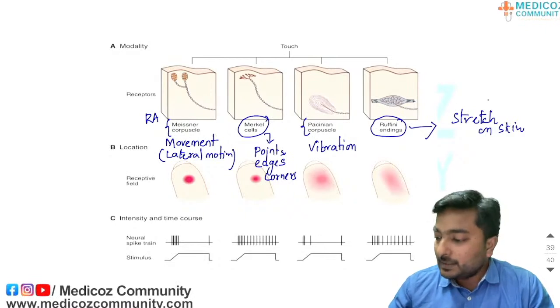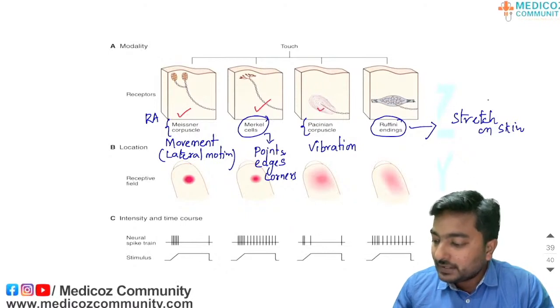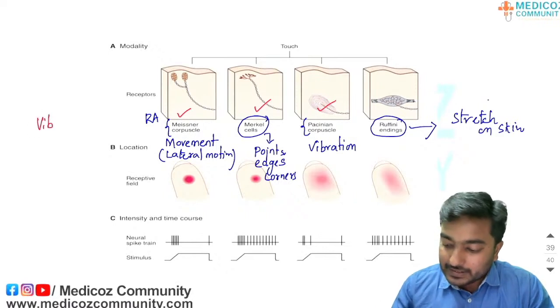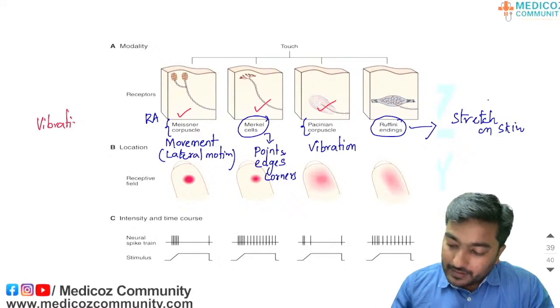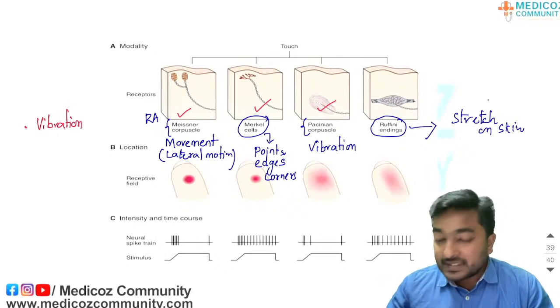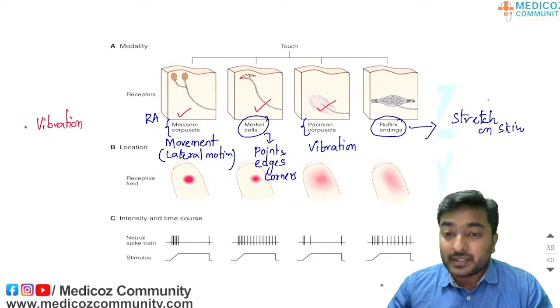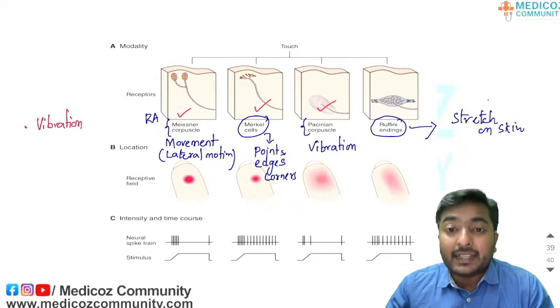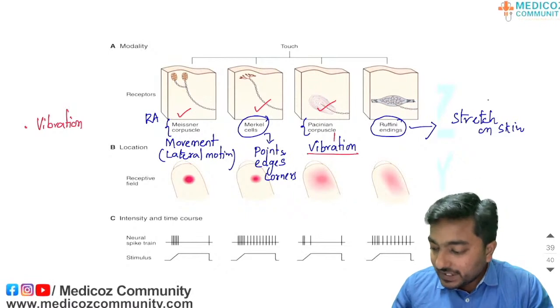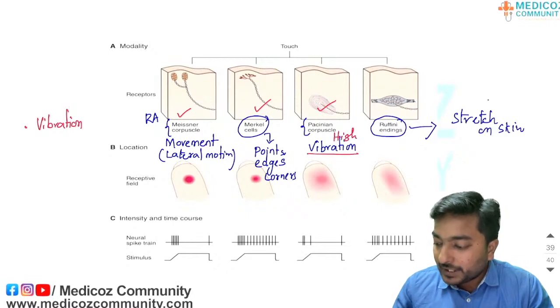An additional point regarding the three receptors, Meissner's corpuscle, Merkel cells and Pacinian corpuscles, with regard to vibration stimulus. I have said the best stimulus for the Pacinian corpuscle is vibration, especially high frequency vibration.